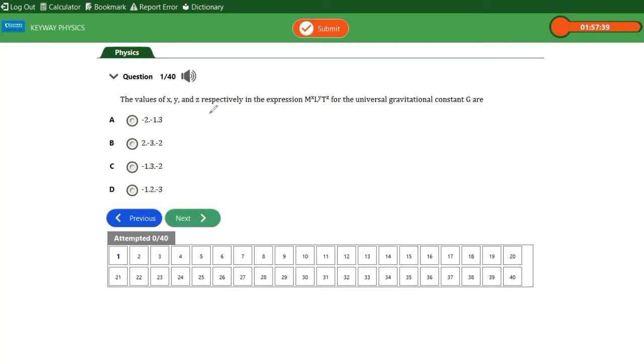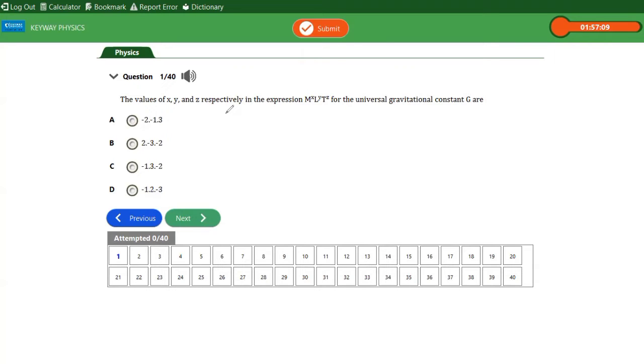So the only place we have gravitational constant is under gravitational field, where we have the law which says that the force of attraction between two bodies, let's say M1, M2, is directly proportional to the product of the two masses and inversely proportional to the square of the distance apart.